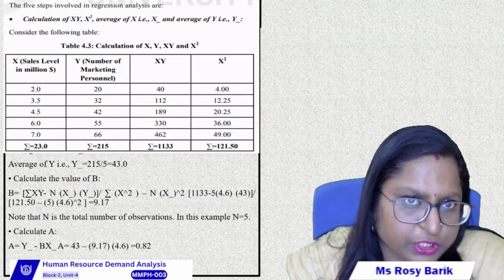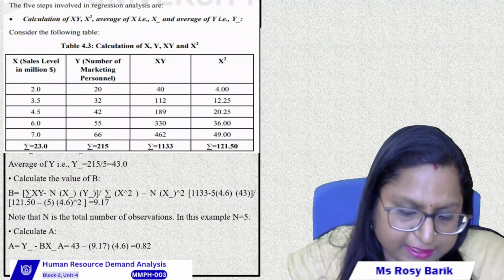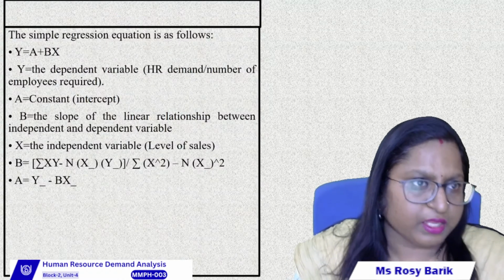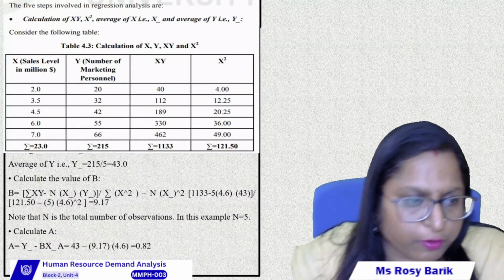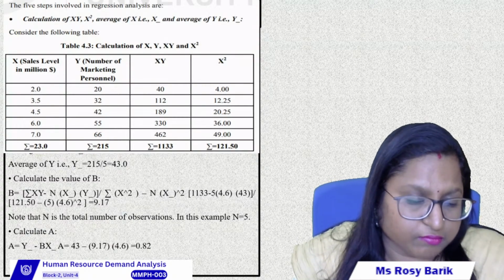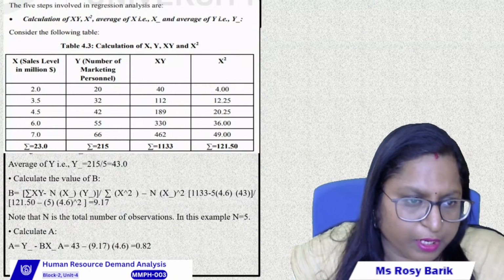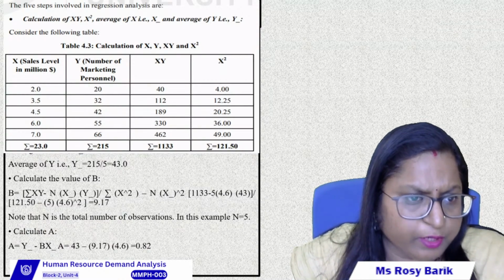As per the equation, y is equal to a plus bx. So here we can put the formula: y is equal to 0.82 plus 9.17 into x.